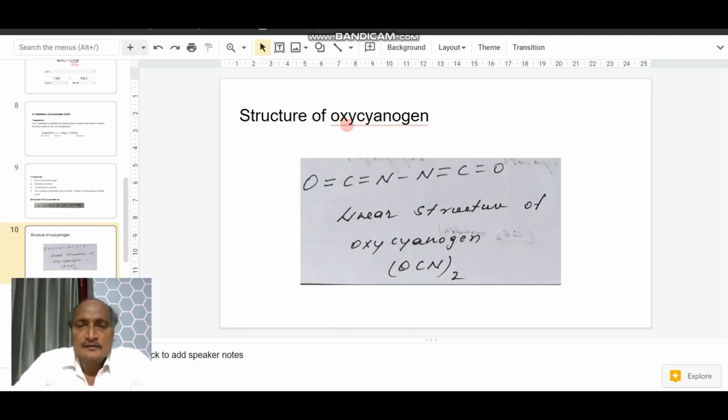Here (OCN)2 is represented as N single bond bonded with the carbon with a double bond, and carbon is again bonded to oxygen with a double bond. So here the structure shows oxycyanogen and it is a linear structure. This is the linear structure of oxycyanogen.